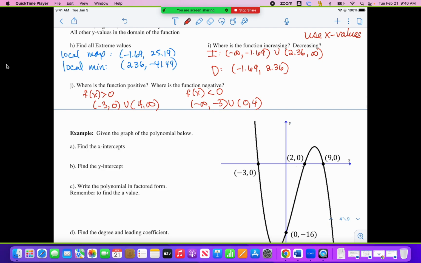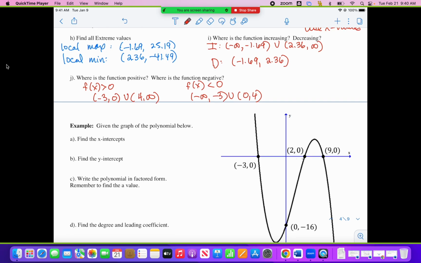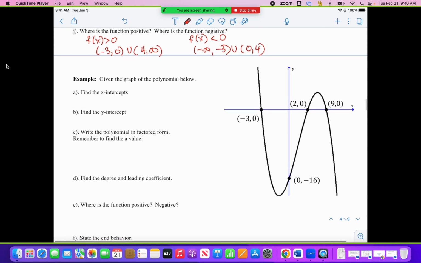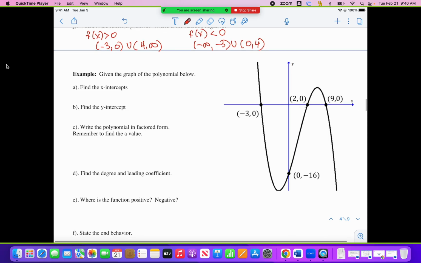What's the y-intercept? Write the polynomial in factored form. You can then find the a value, find the degree and leading coefficient. Where is the function positive, negative? State the end behavior. Do as much of this as you can.